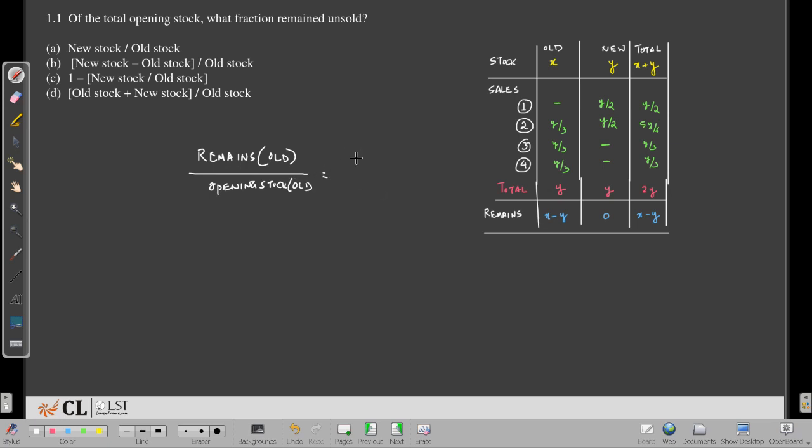What remains is x minus y, and the old stock is x. This can also be written as 1 minus y by x. So now you see this y is the new stock and x is the old stock. 1 minus new stock divided by old stock, which is answer choice number C.